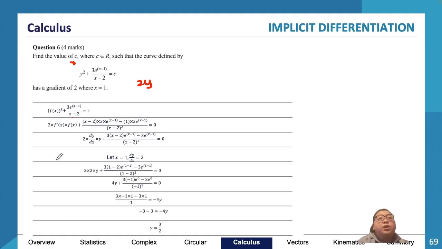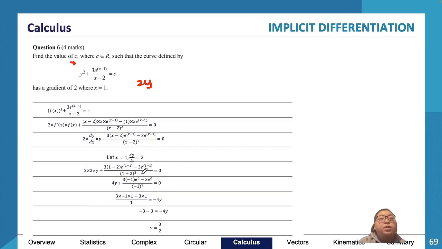So what we're going to do here is we'll have 2 times 2, right? Because that's our derivative, times y will equal this. So we'll get our function there, right? So we'll get 3 times our 1 minus 2, so that's x, where x is equal to 1, so 1 minus 2 times e^(1-1), minus 3e^(1-1), and then that will be over 1 minus 2, right?